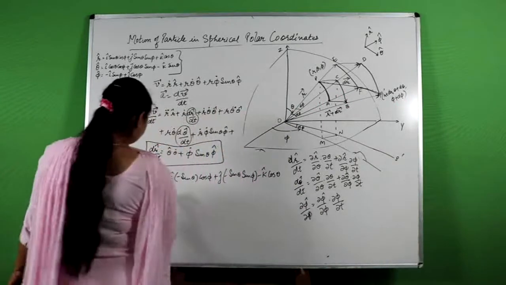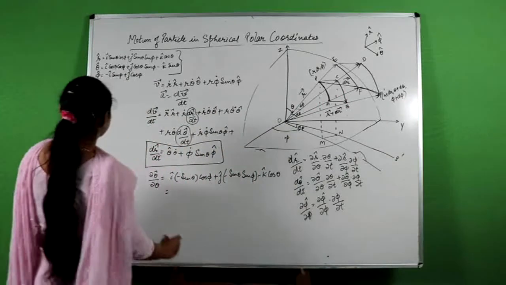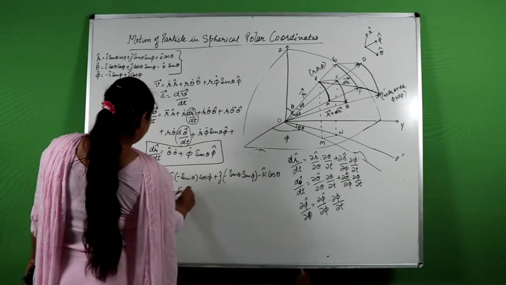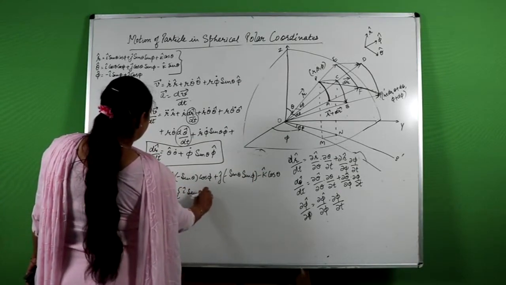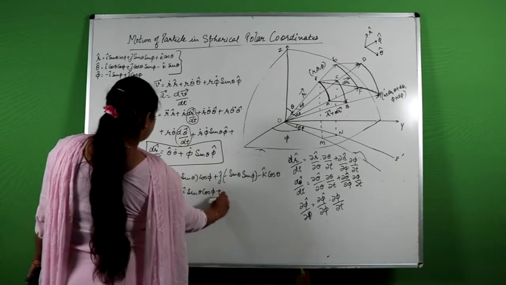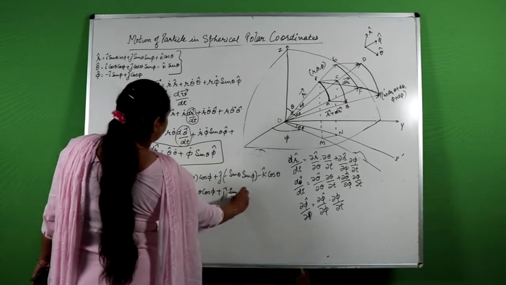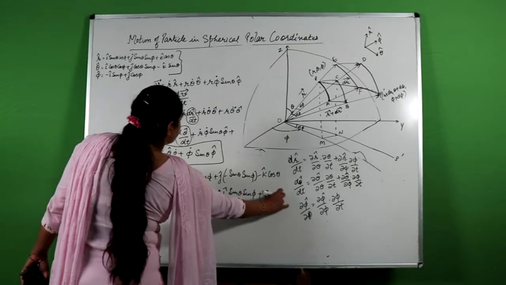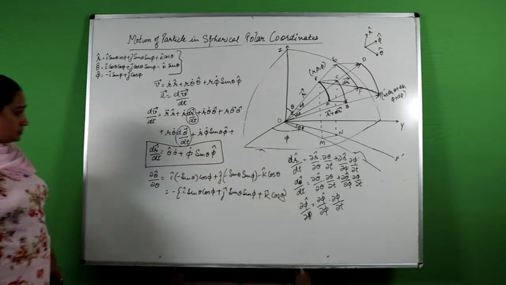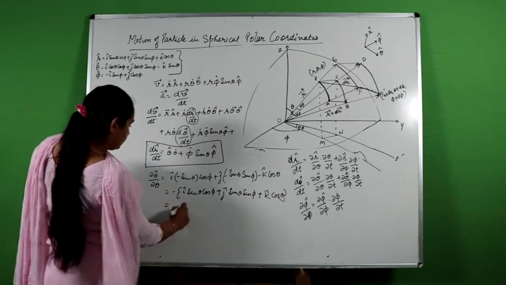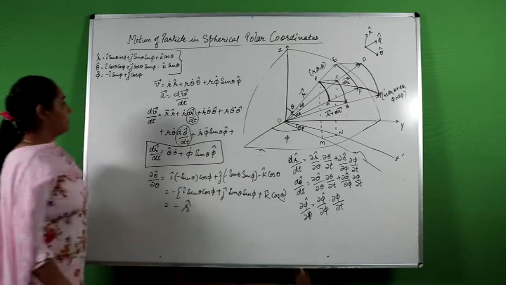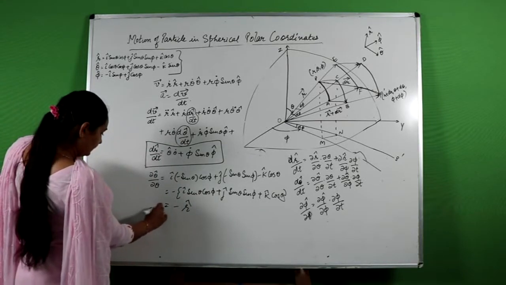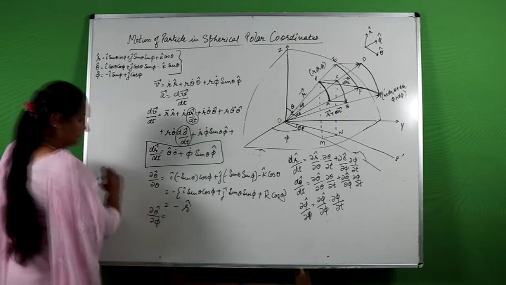If I take the minus common, I will get i cap sin theta cos phi plus j cap sin theta sin phi plus k cap cos theta, and this is nothing else. This is my r cap.